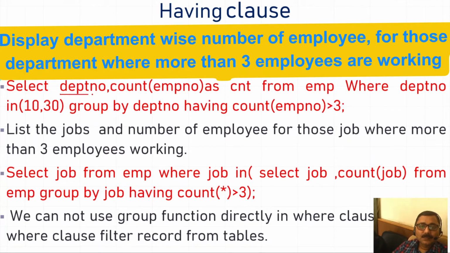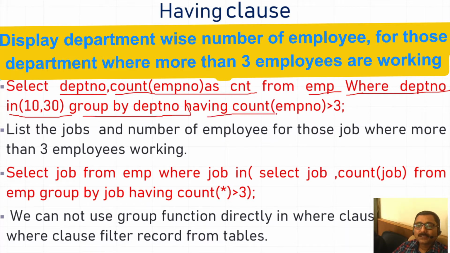Select DEPTNO. This will display department number. This will display number of employees working in that department. From EMP table, where department number in 10 and 30. This is precondition, pre-filtration, and group by grouping will be done on the department number.